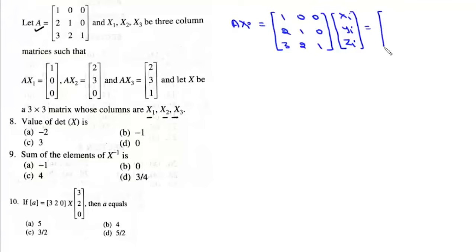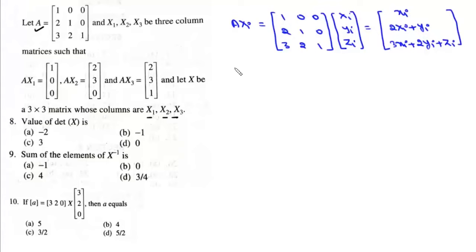Now we multiply them, we'll get this as Xi, 2Xi plus Yi, and this is 3Xi plus 2Yi plus Zi.